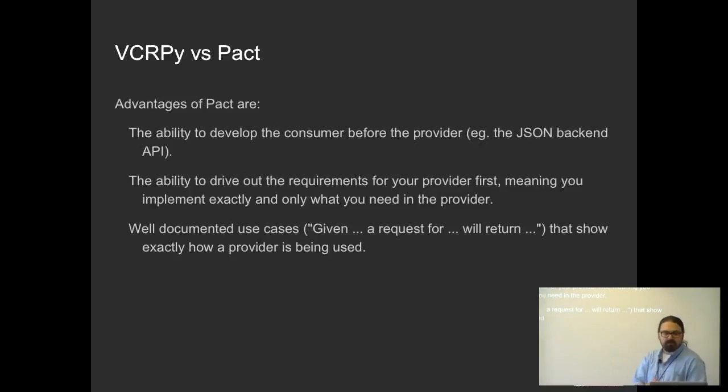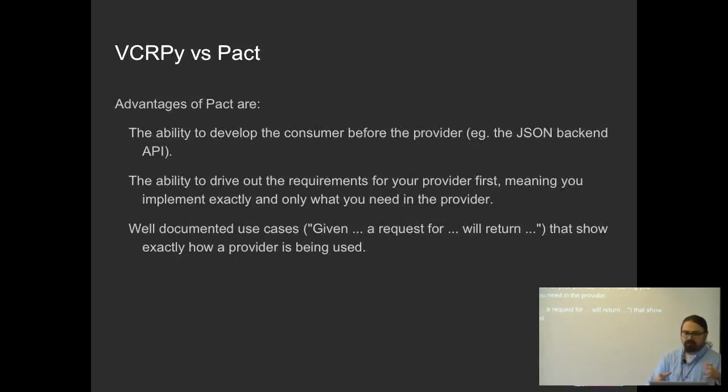There's another tool out there called VCRPy, and VCRPy allows you to record a response. But the problem with VCRPy is that you have to have both services up and running. You have to have a provider, you have to have a consumer, and you have to record those responses and then replay them back. It's a pretty nifty tool, don't get me wrong, and if you want to go this way, you can use it.